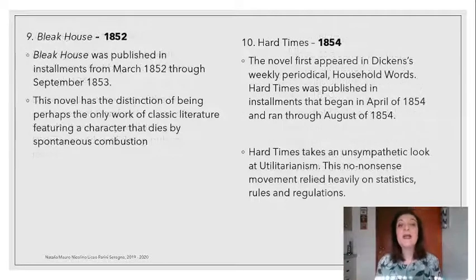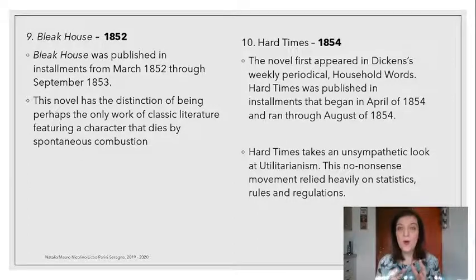Okay, then let's go to the other novels that he wrote: Bleak House and Hard Times. Bleak House was published in 1852, in installments again. The 10th novel, Hard Times, is very important because we will study some parts of it.